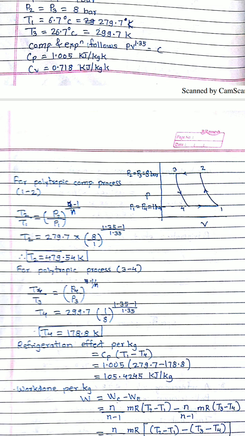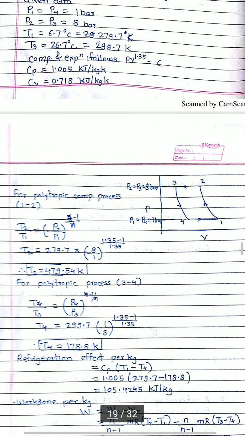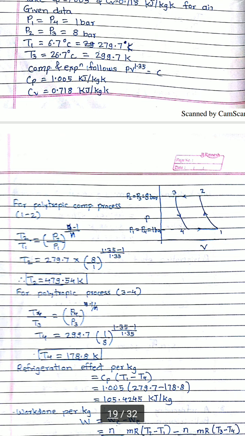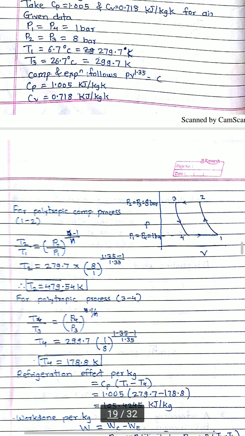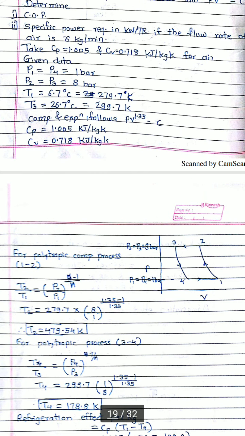So T2 we have to calculate, T1 is given 279.7, P2 is given 8 bar and P1 is 1 bar. So 8 upon 1 raised to 1.35 minus 1 divided by 1.35. So after simplification, the value of T2 is equal to 479.54 Kelvin.